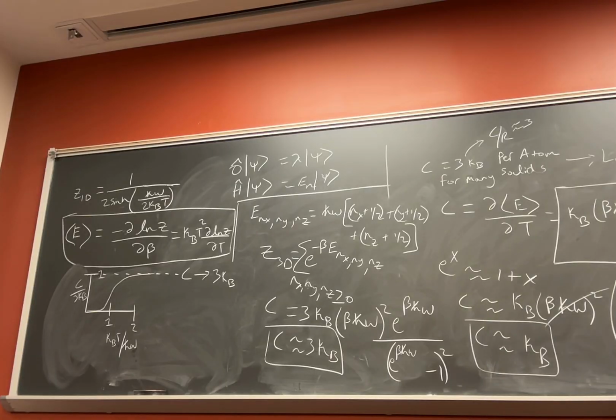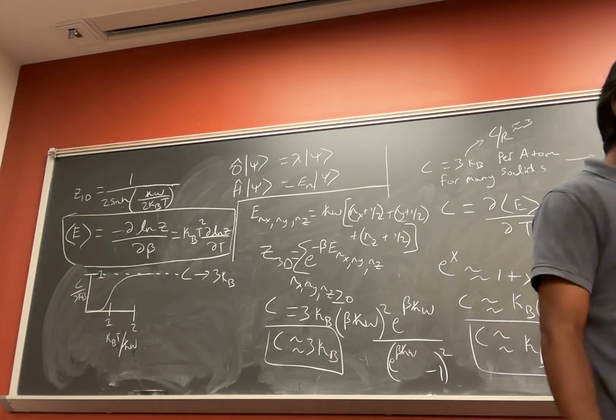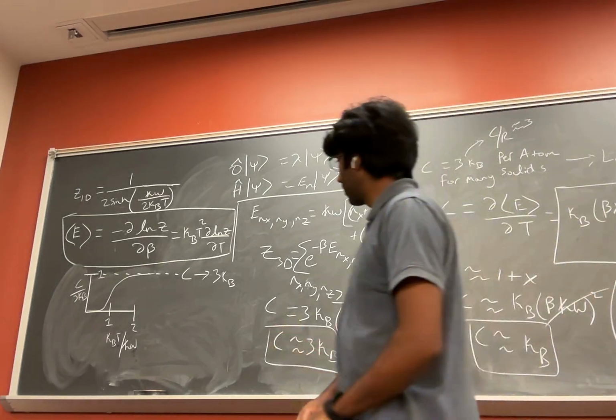So the Einstein model was groundbreaking because it basically explained the temperature dependence of heat capacity before the formal development of quantum mechanics.